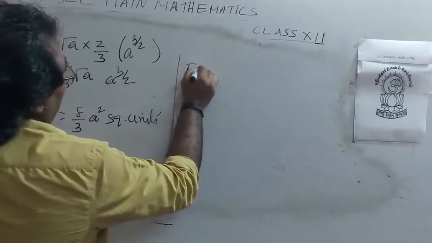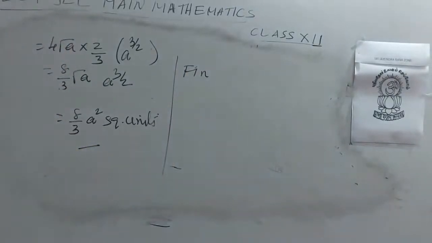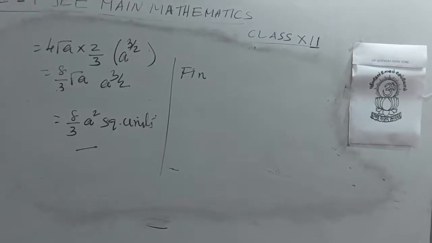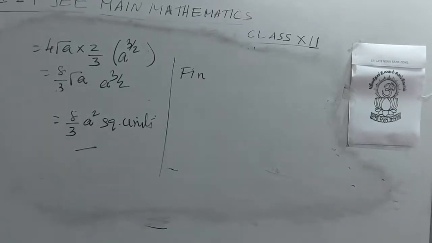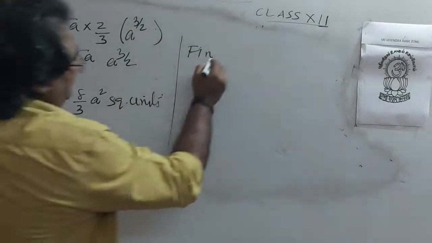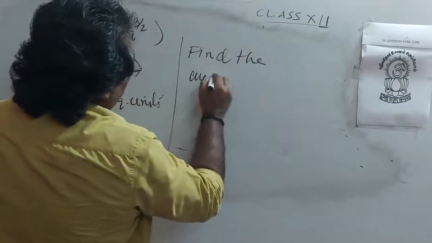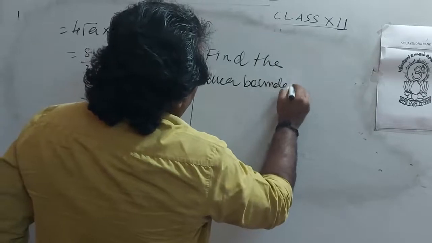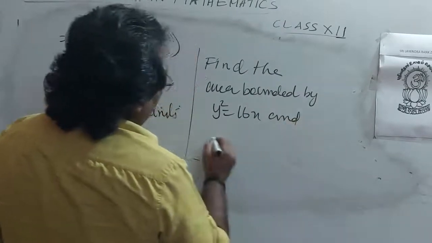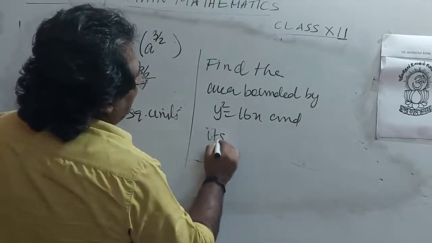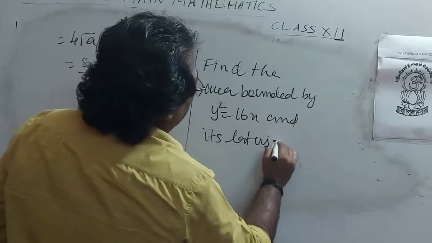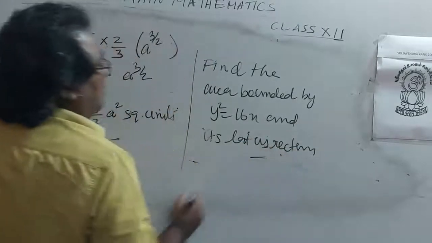Suppose we are asked to find the area bounded by y squared equal to 16x and its latus rectum.